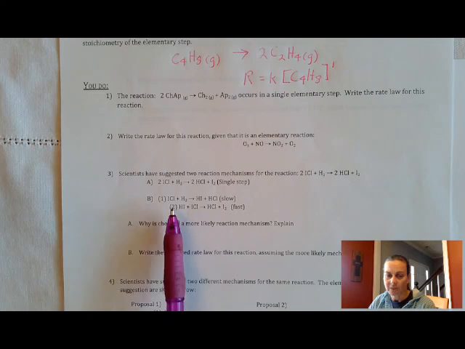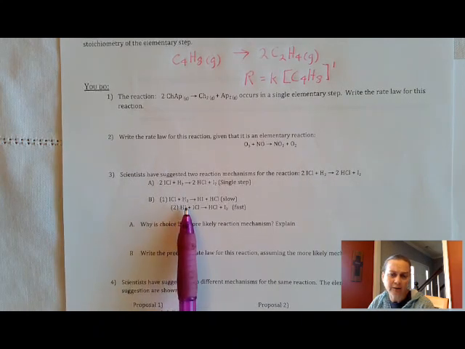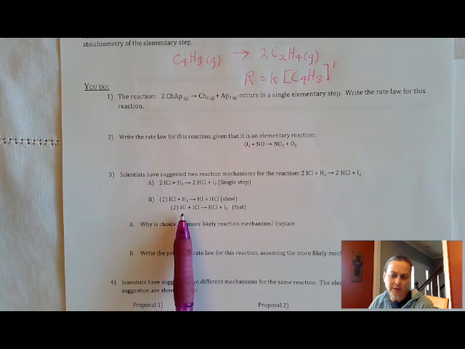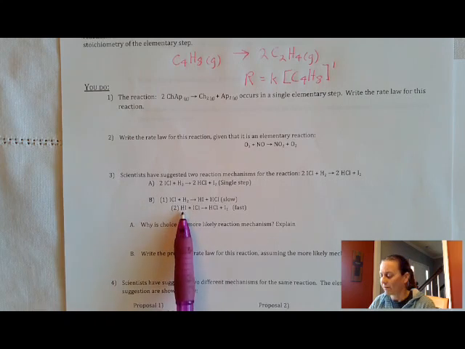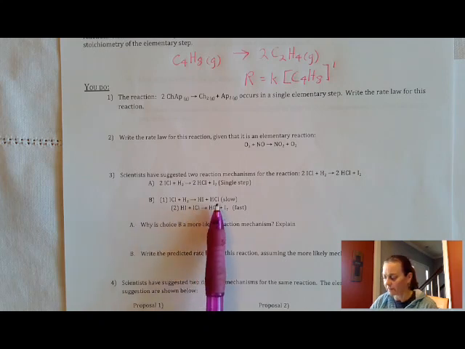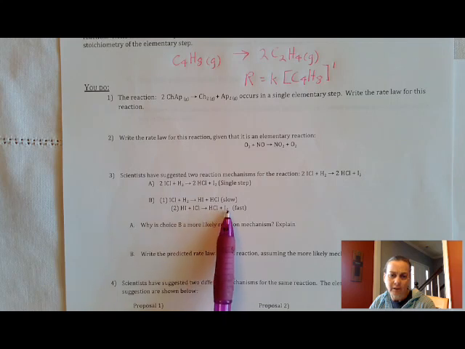In reaction B, we have iodine monochloride reacting with hydrogen to form hydrogen iodide and hydrogen chloride. And then in the second step of the mechanism, we have hydrogen monoiodide reacting with iodine monochloride, so this is the intermediate produced in the first step, to produce hydrogen chloride and iodine gas.